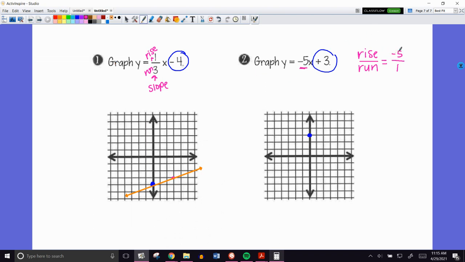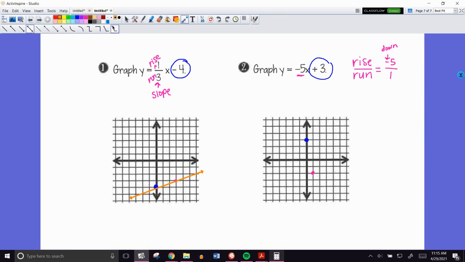Now, because my 5 is a negative, that means I'm going to go down 5. That negative tells me to go down 5. So 1, 2, 3, 4, 5. And then my run is positive, so I'm going to go over 1. So I'm going to connect my dots.